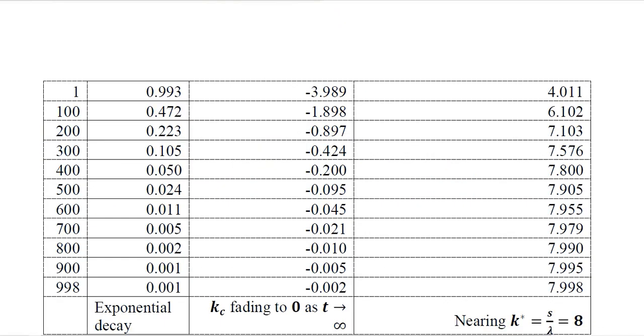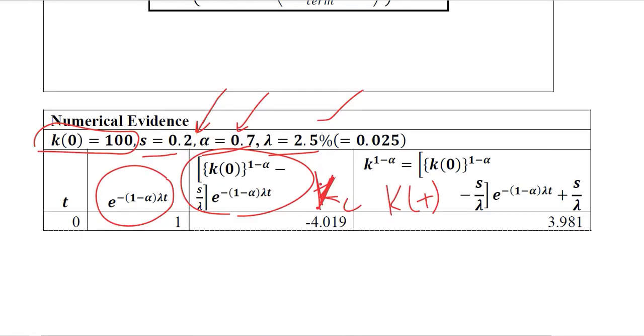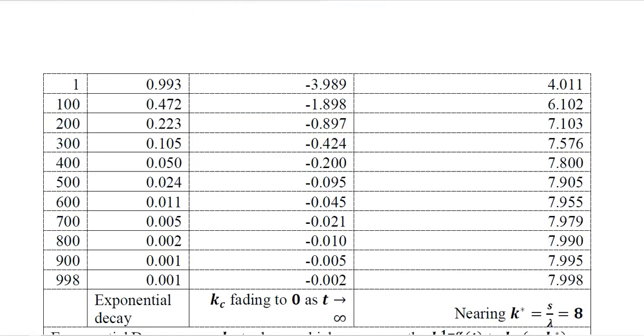So when we substitute various values of t here, we start with 0, and there are many values that we can substitute. However, the process of decay is very slow, so we chose to skip a few values in this table. However, we should use all the values.